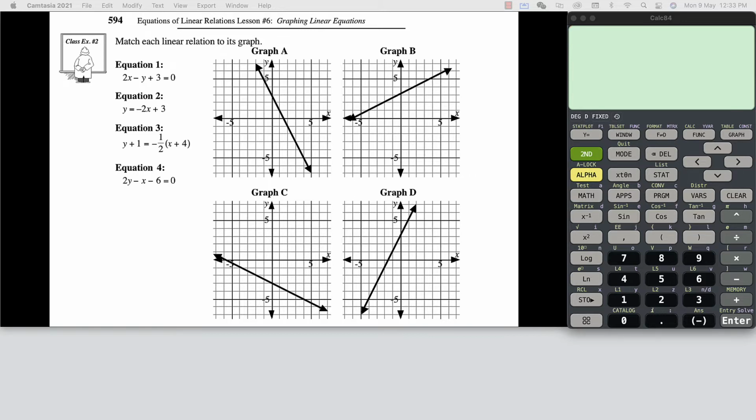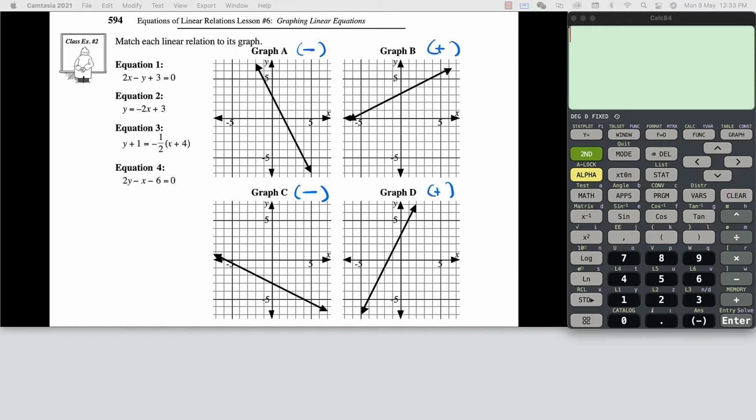So what we do is we approach the line on the graph from left to right, and if it goes down, that indicates that it is a negative graph. So A and C are both negative. And if I approach the graph from the left and hit the line on the graph and it goes up, then that is a positive graph, positive slope.